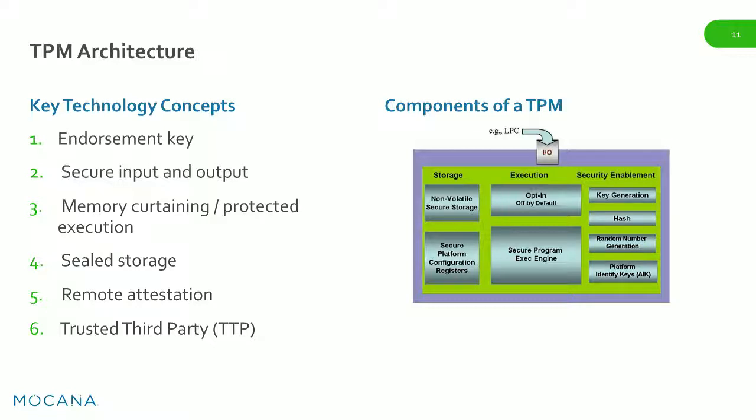So the TPM architecture is pretty straightforward, actually. As I said, it's not that the architecture is difficult to understand. It's just difficult to use because of the vagaries of the interface commands. But again, the primary concepts here are endorsement, secure I/O, protected execution environments like TrustZone, and sealed storage, where we can seal certain elements, or complete storage subsystems, using specialized key sets developed from the TPM.